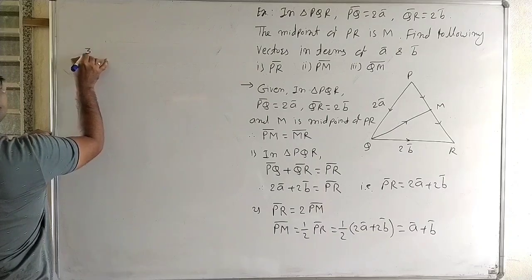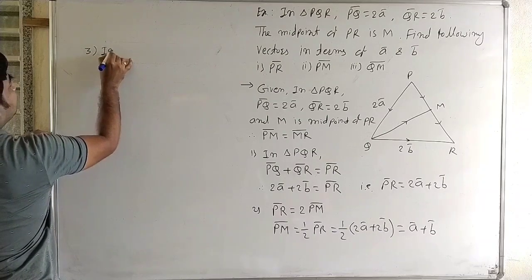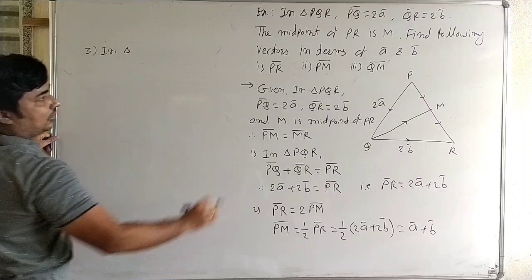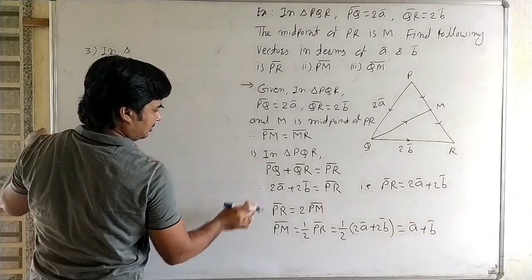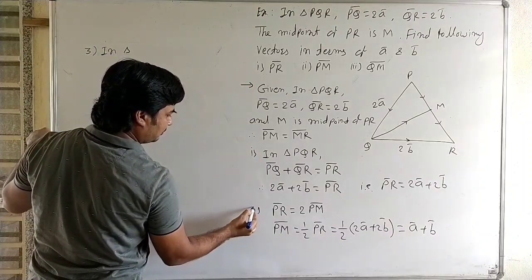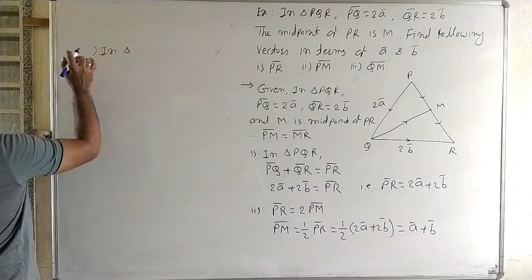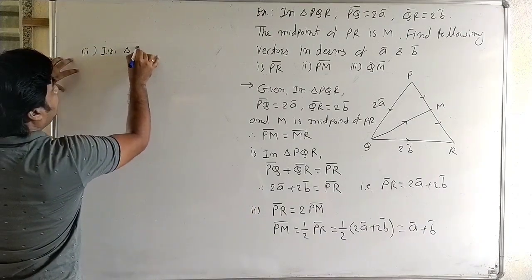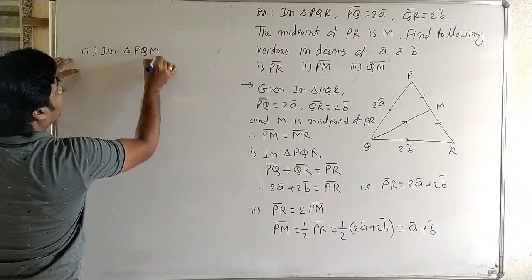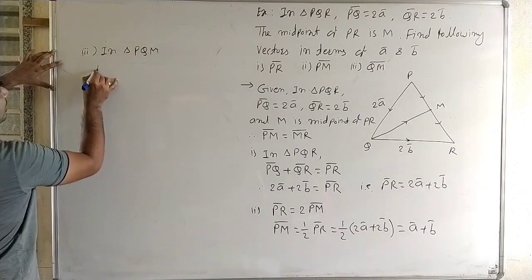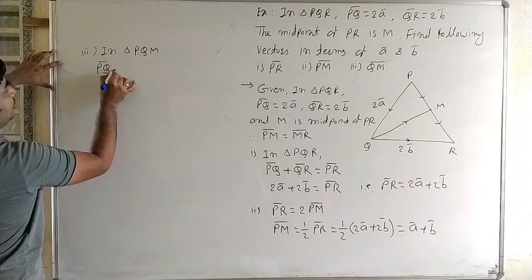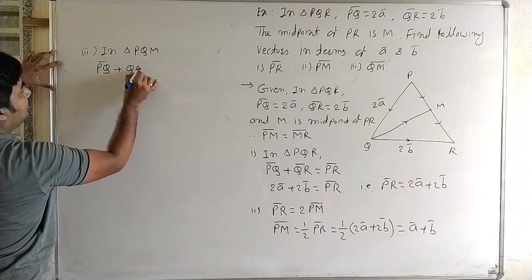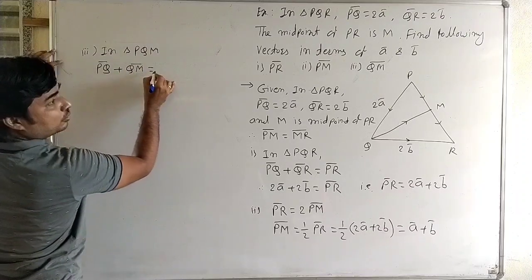In triangle PQM, by triangular addition, vector PQ plus QM is equal to PM.